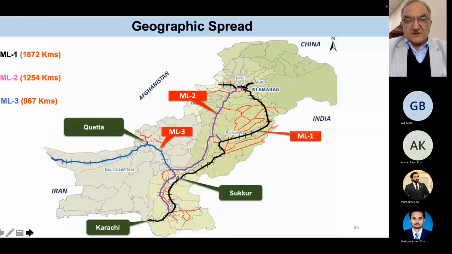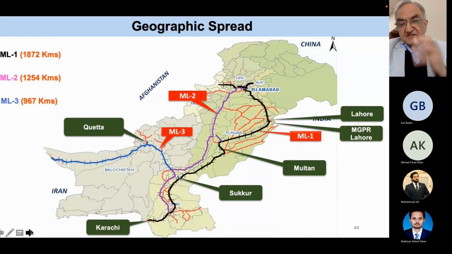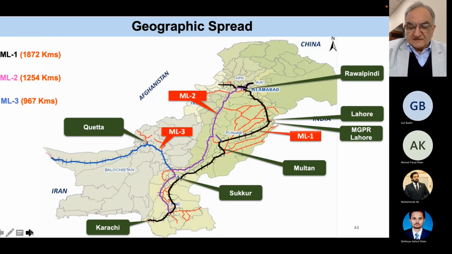Then we have Quetta, Multan, Lahore, Moghalpura. Now these are those divisions which I pointed out. Karachi is a division, Sukkur is a division, Quetta is a division, Multan, Moghalpura, Lahore, and we have Pindi division.